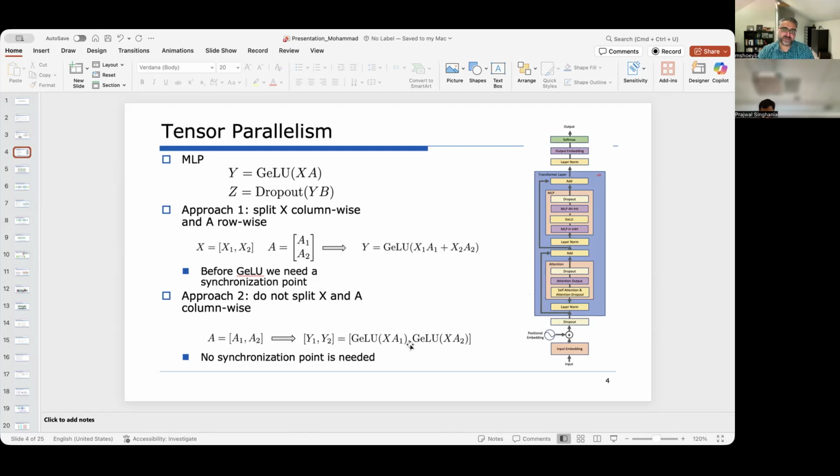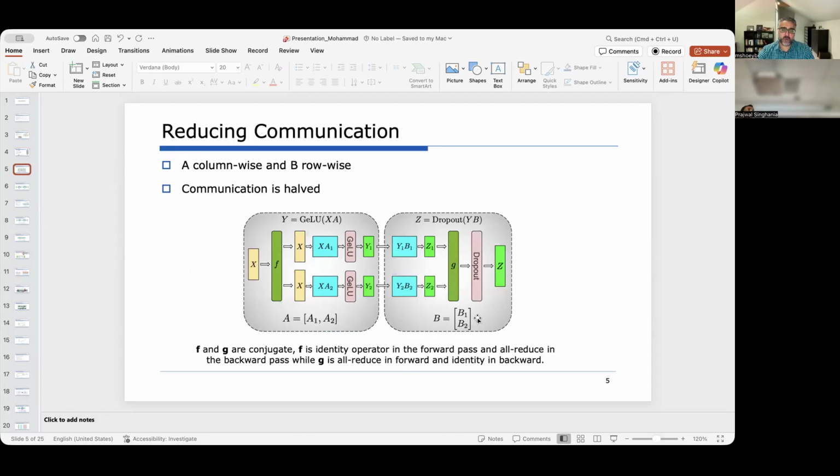So no synchronization is needed. This results, for this MLP layer, in two GEMMs, one of them broken across its columns and the other across its rows. Then you just need a reduction at the beginning and end of this region. So this reduces your communication by a factor of 2.